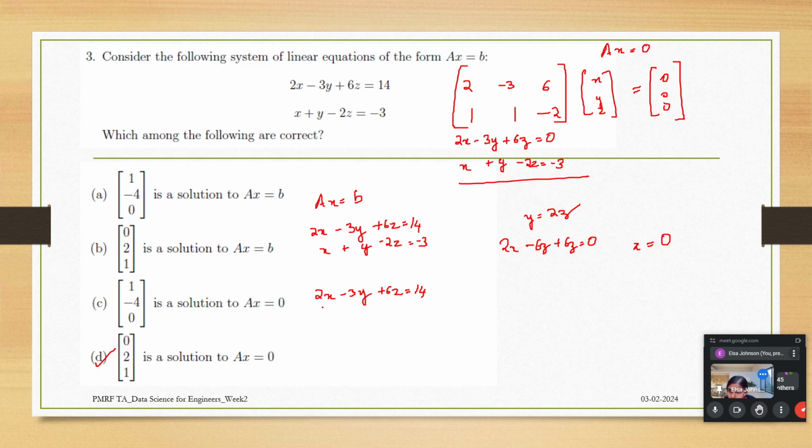If I use the basic method and solve this, so this is minus 6. I'll be solving this and getting y equal to minus... is anyone solving this one?